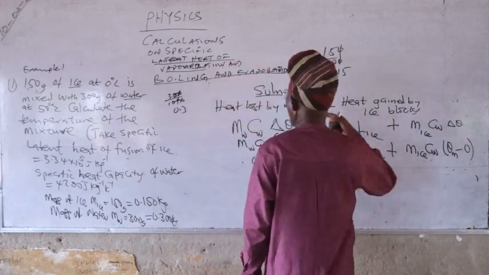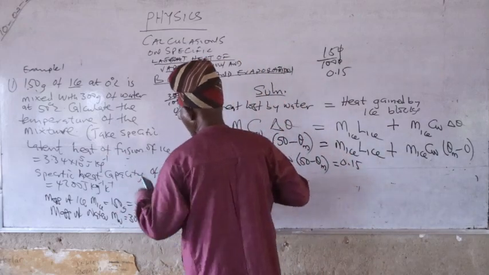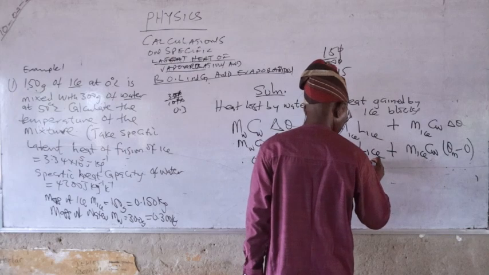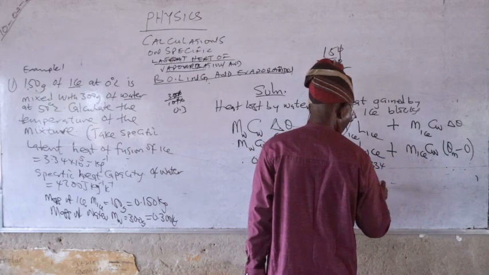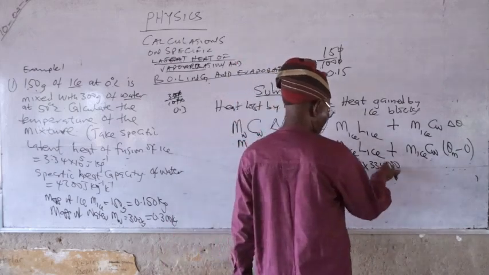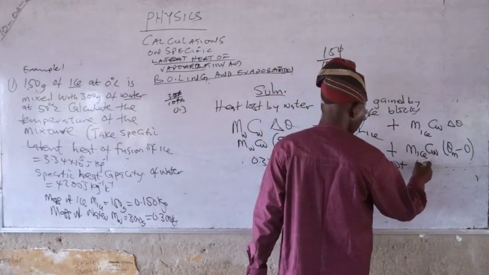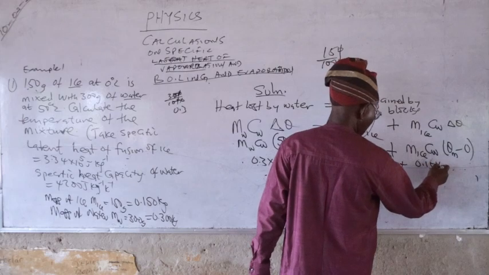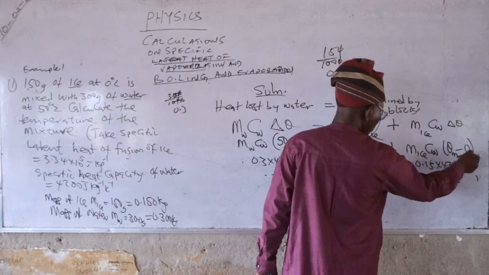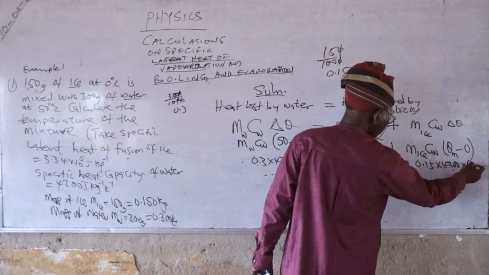Then what is given in standard form can be reduced to an ordinary number times 334,000, from standard form to ordinary number. Then plus 0.15 times 4200. 0 minus this will give you theta A. Simple.